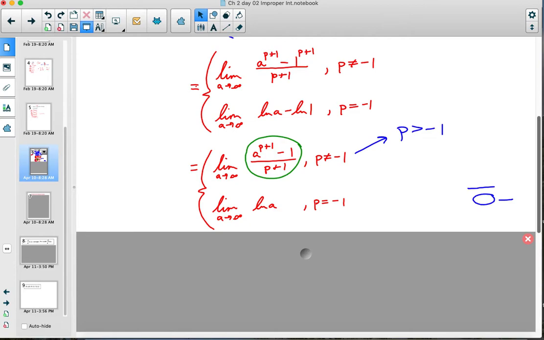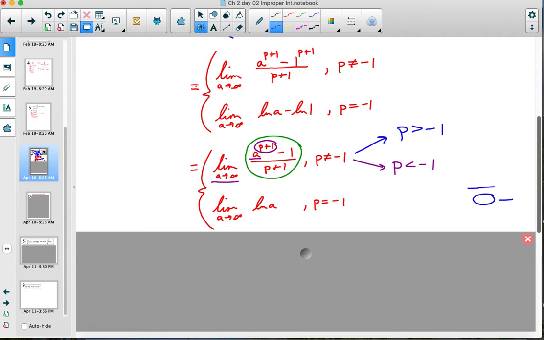But what happens in the other case? What if p is less than -1, like -2, or -3, or -4? What happens in that case? Well, when we look at this exponent, if p is less than -1, let's just say -2, then we're raising a, which is getting bigger and bigger, to a negative power.